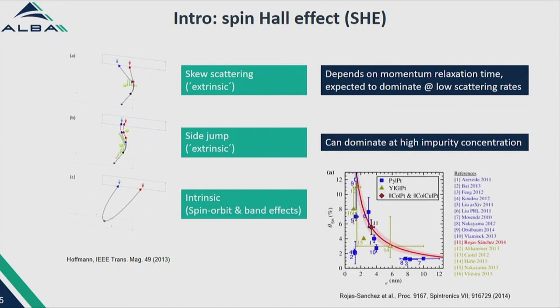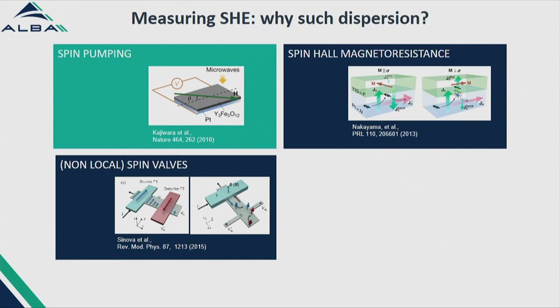The measurements of the spin Hall effect are not easy, and this is reflected in a large scattering of the experimental results measured with different methods and on different samples, nominally the same. This is exemplified here with platinum, which is the most commonly measured material. What are the most typical ways to measure the spin Hall angle or spin Hall efficiency?